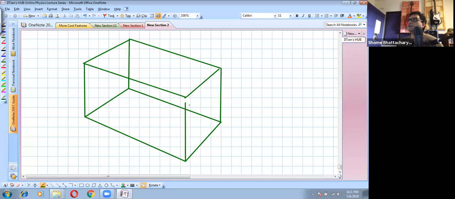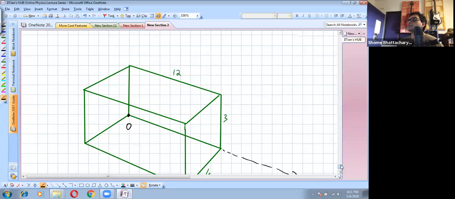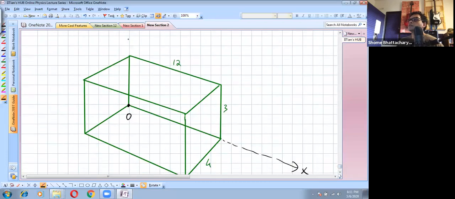It has these dimensions: this side is 12, this side is 3, and this side is 4. Now we have selected this point as our origin. We took this whole side as our x-axis, this side as our y-axis, and this side as our z-axis.